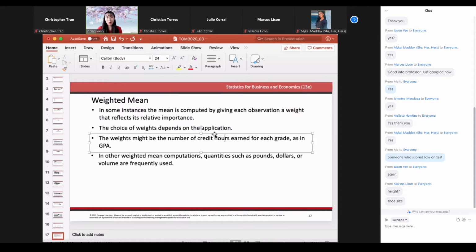Typical example, your GPA. So just curious, how many of you know how your GPA is calculated? Anyone?